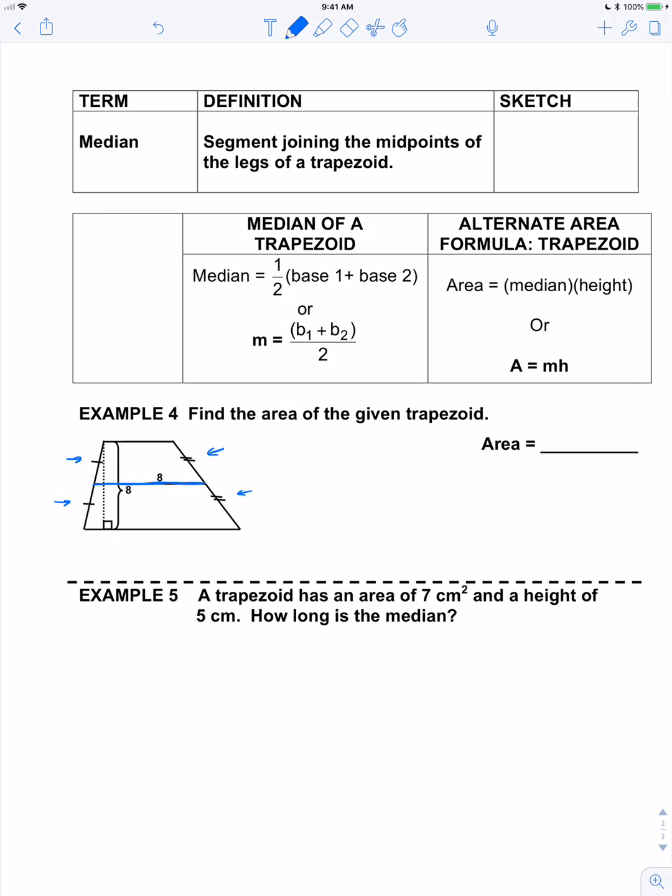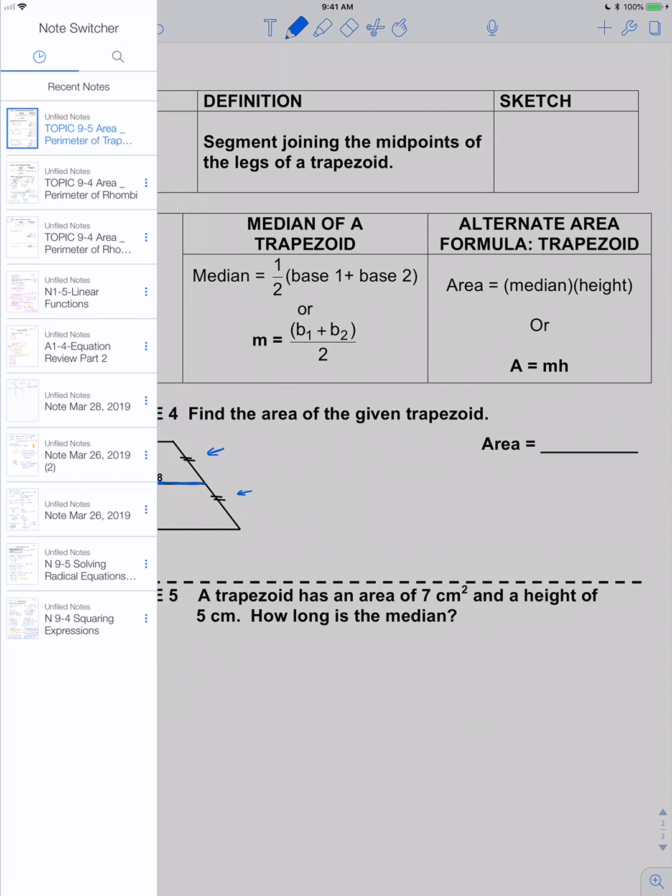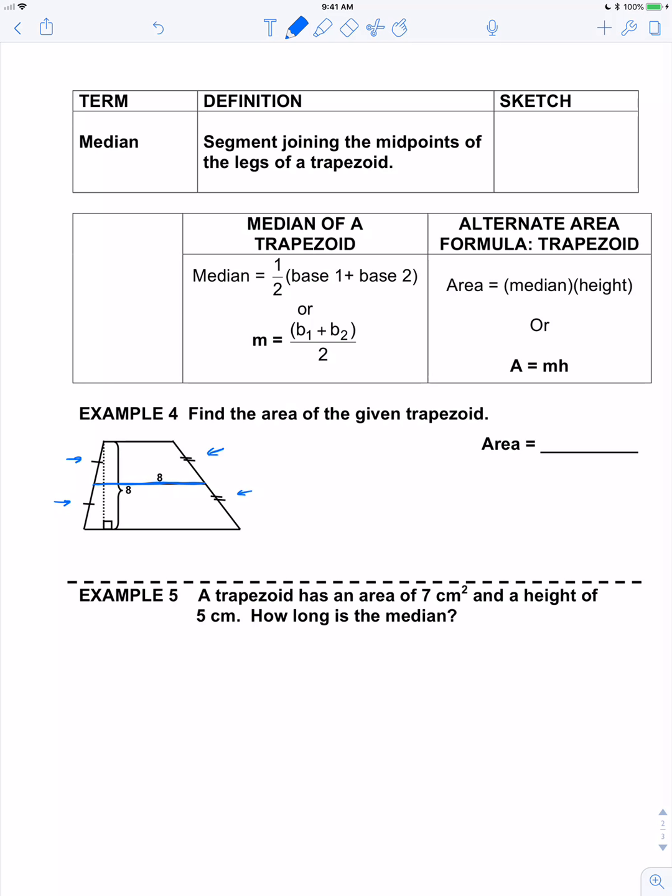And then we can go find the midpoint or the median of that if we take those two bases, add them together, and divide by 2. That tells us the length of that median line inside there, that midpoint line.